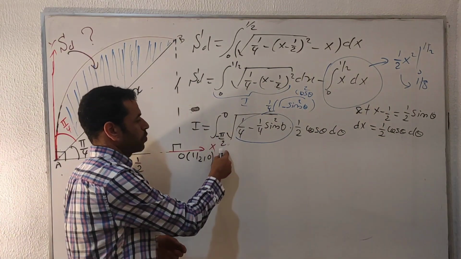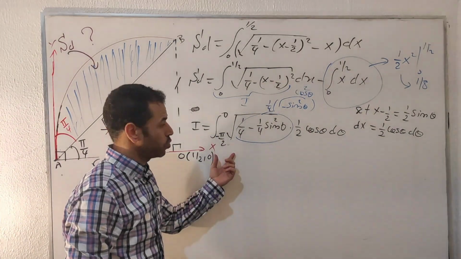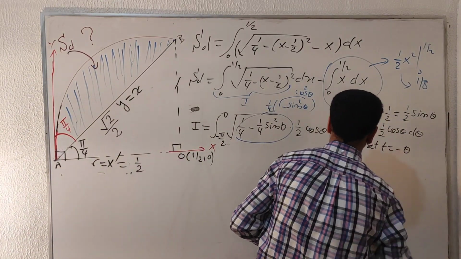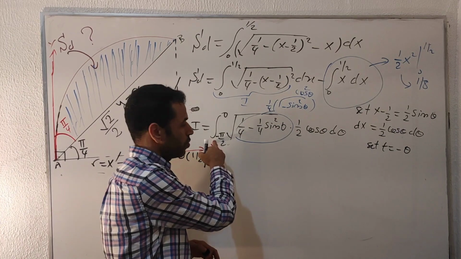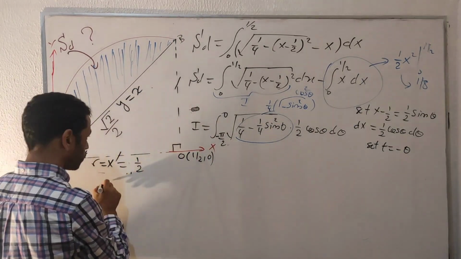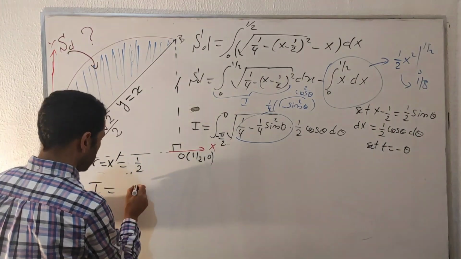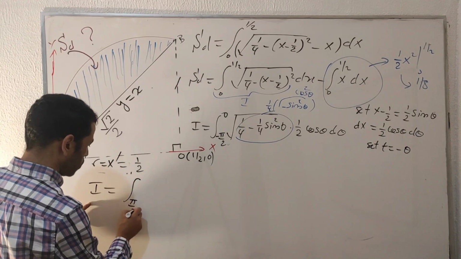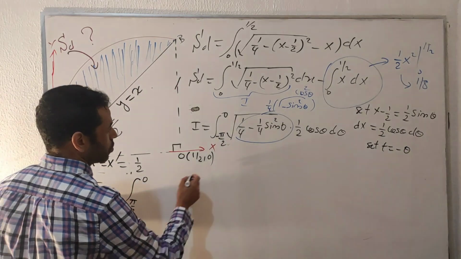Since we have minus pi over 2, I'm going to put a new substitution. Let's set t equals minus theta to get rid of the minus sign in this bound. So this becomes the I integral. The minus pi over 2 becomes pi over 2, and this one becomes 0.